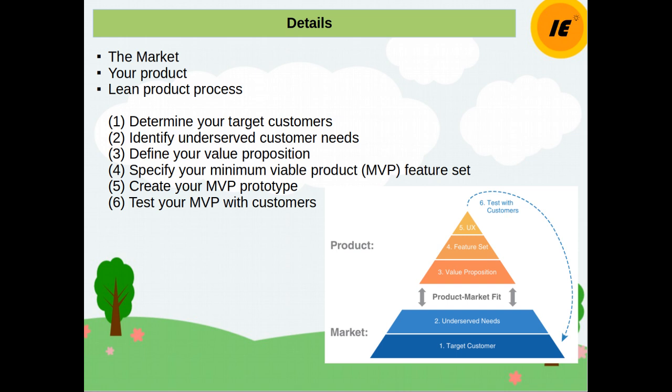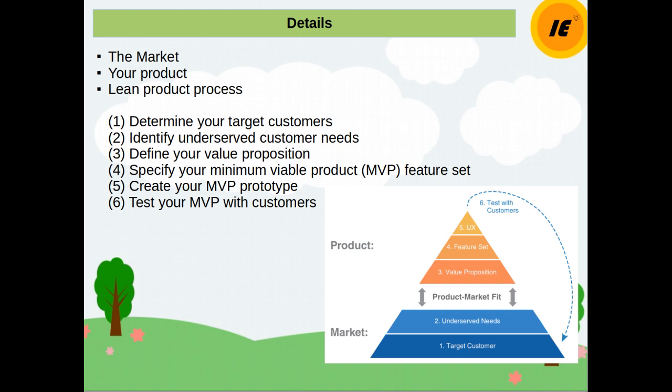Taken together, the three layers of value proposition, feature set, and UX define your product. So in the figure, your product and the market are separate sections of the product market fit pyramid. Your goal in creating customer value is to make them fit nicely together.